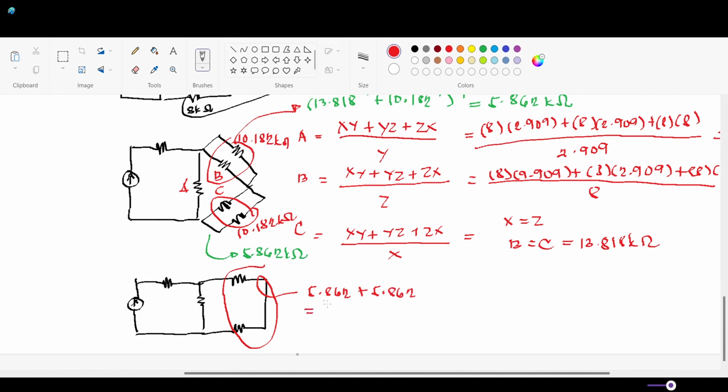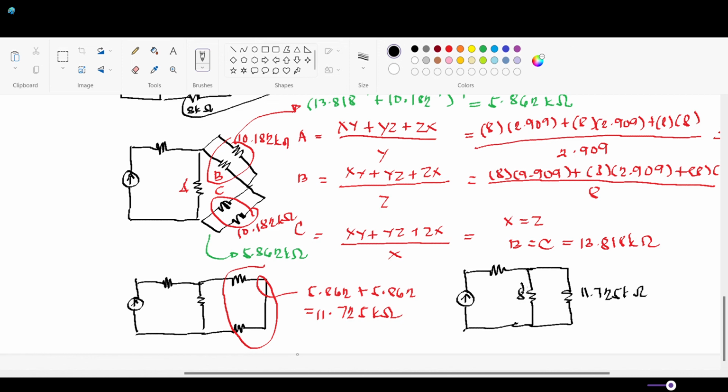And this is equal to 11.725 kilo ohms. Alright, and the 11.725 kilo ohms, ganyan na siya. This is 11.725 kilo ohms. This is 8 kilo ohms, 1 kilo ohm.